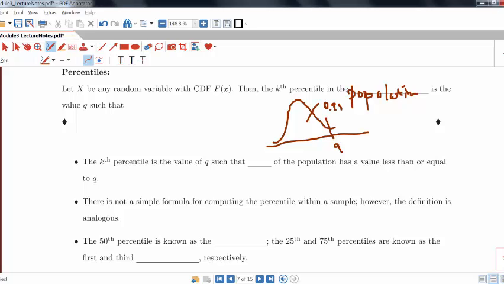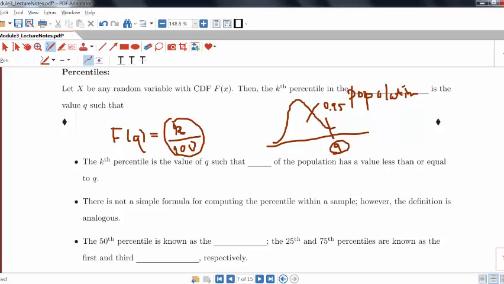Let's say this is 95%. So Q, we would say, is the 95th percentile of this distribution because it leaves 95% of the curve to the left. So since we know the function that calculates area up to a point from its left is capital F, we can just say it's the value Q such that when I divide K over 100 and I put Q into my cumulative distribution function, I get this value.